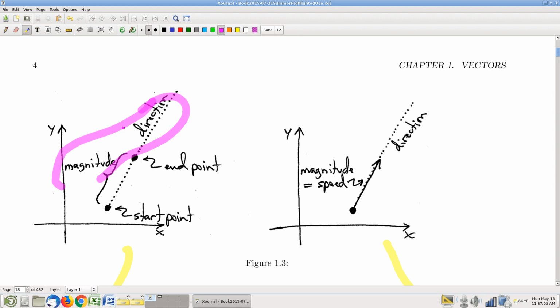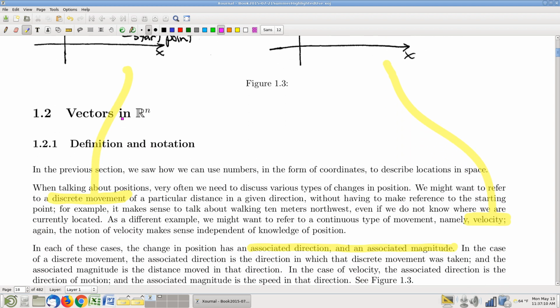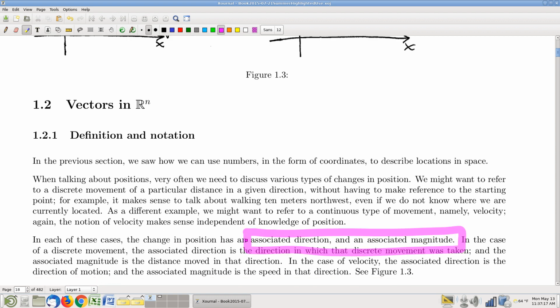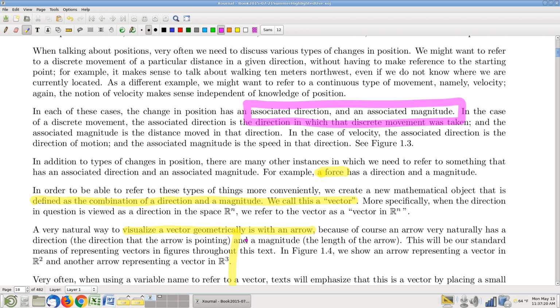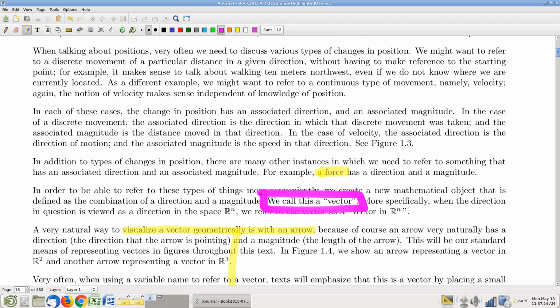It turns out that this pairing is crazy natural, so we give it a name. The pairing of a direction and a magnitude is called a vector. So that's what a vector is, in case you were curious. It's a combination of a direction and a magnitude.